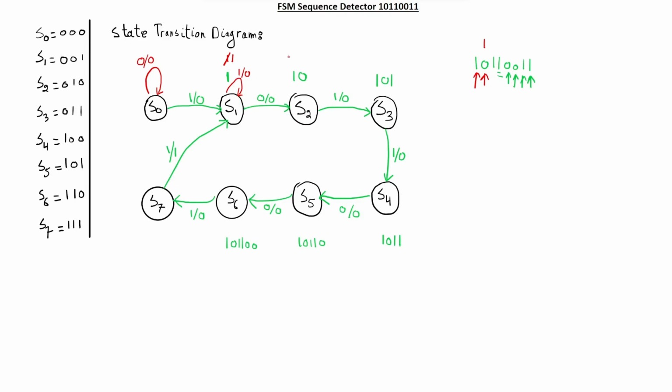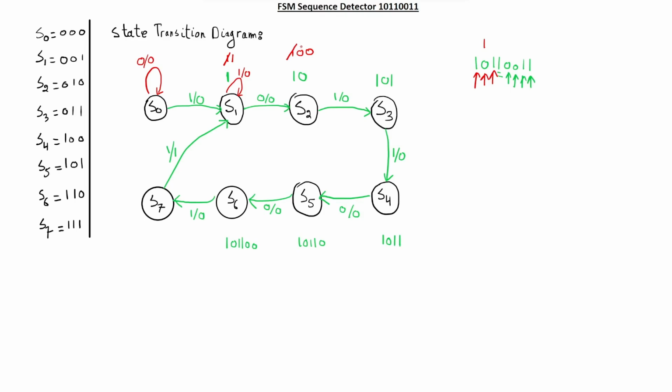Now we are at S2, we have 1, 0, we're supposed to enter 1. We want to see what happens if we enter 0. We are already at 1, 0, and then we entered 0. We have a couple options. We can remain at S2, we can go back to S1, or we can go back to S0. The way I look at it, let's start discarding from the left. If you discard this bit, we'll be left with 0, 0. Our sequence starts with 1, 0, so we cannot make the sequence right.